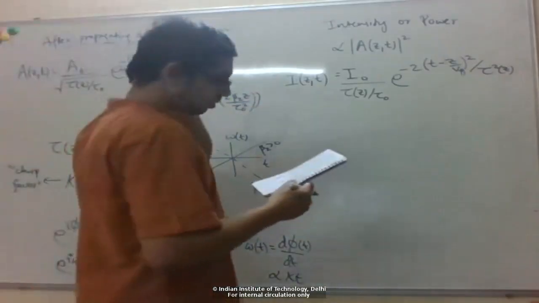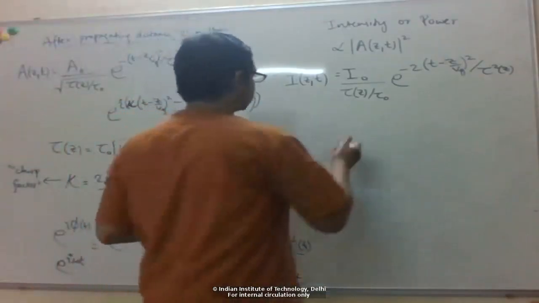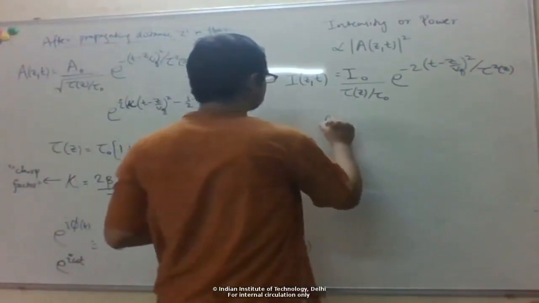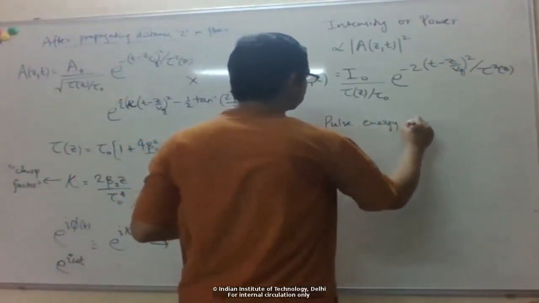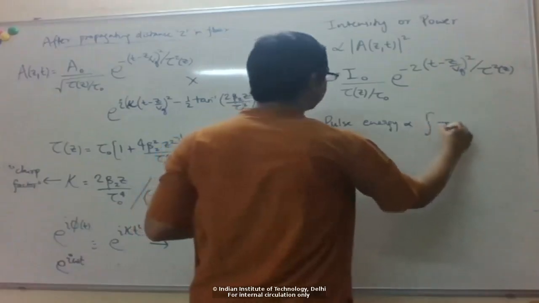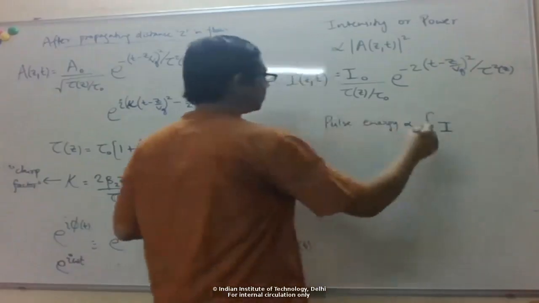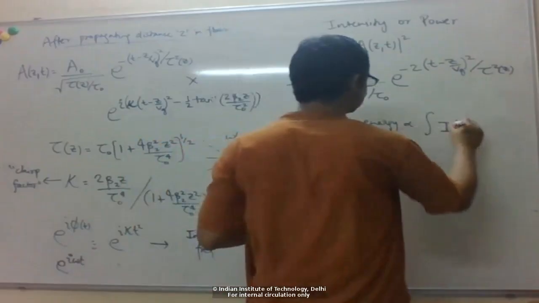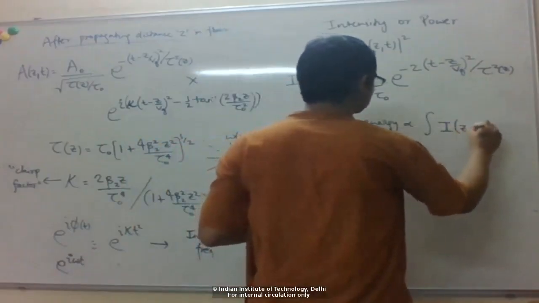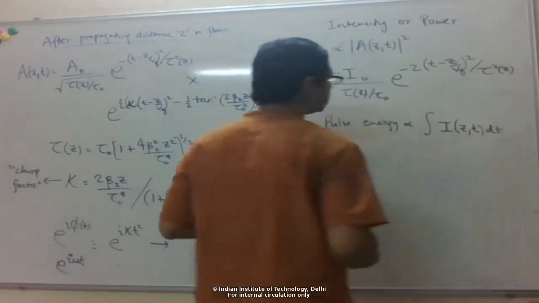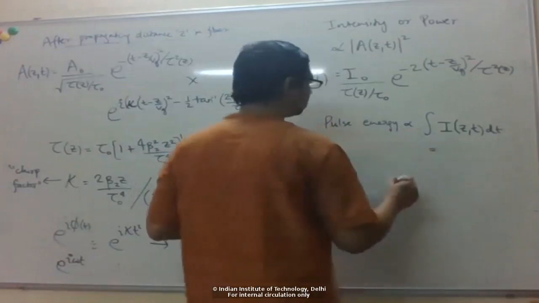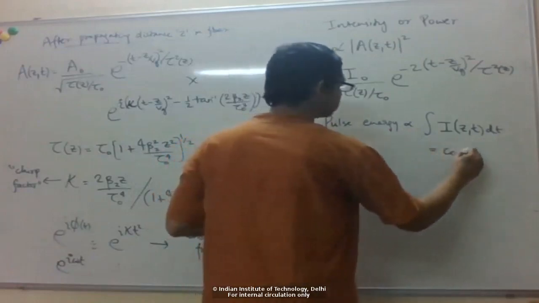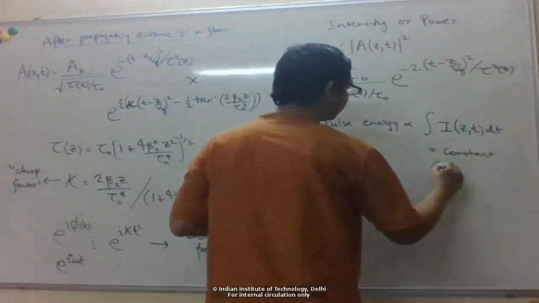Now you can check for yourself that the pulse energy, which is the integral of the intensity over time, the area under the curve, is a constant that is independent of z.